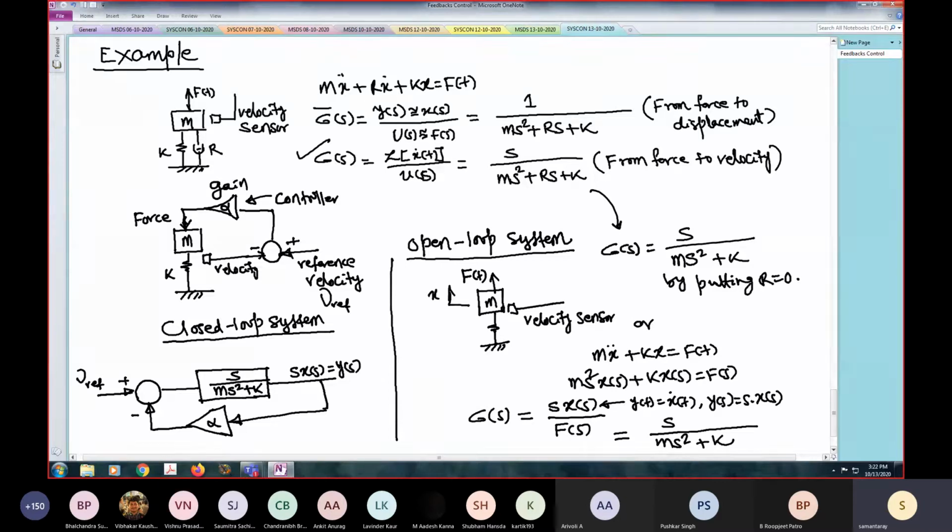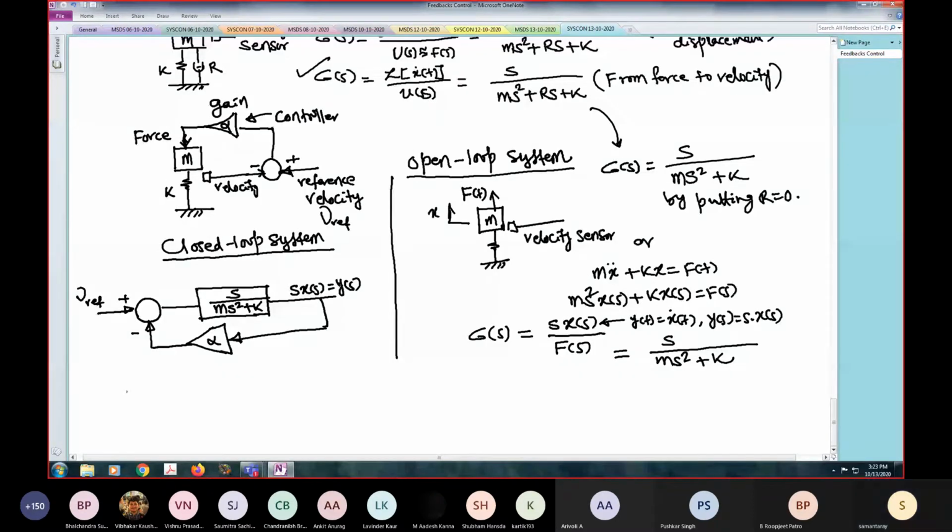Yes, okay, sir. So you remove all kinds of control circuit, all kinds of reference from the main system. Keep what is the input, what is the output, derive its transfer function, then plug that transfer function into the control loop, and you get the closed loop transfer function. So once we get this closed loop transfer function, then this becomes v ref, and this whole thing is G closed loop(s) straight to Y(s).